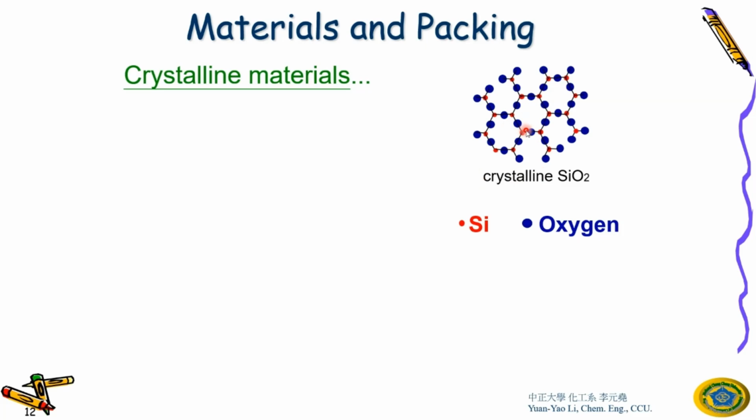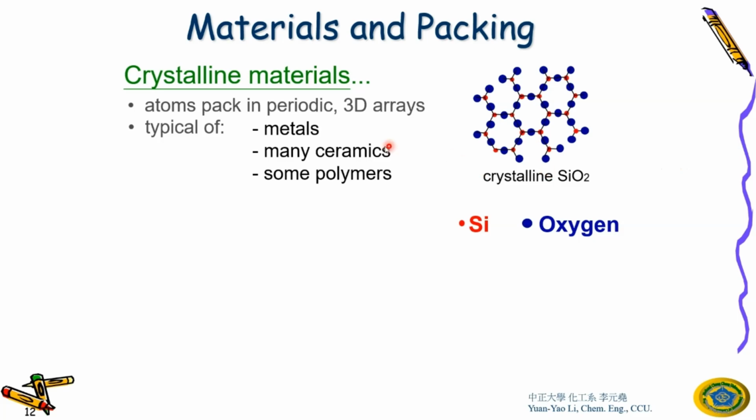This is what we call a crystal. So atoms are packed in periodic three-direction arrays. Typically you can find crystals in different types of materials like metals, ceramics, and some types of polymer. Have you heard about liquid crystal? Liquid crystal is one type of polymer, but it's in liquid form, so we call it liquid crystal.